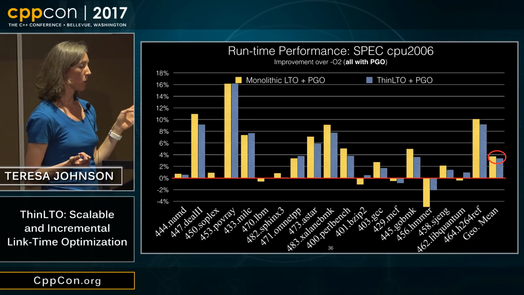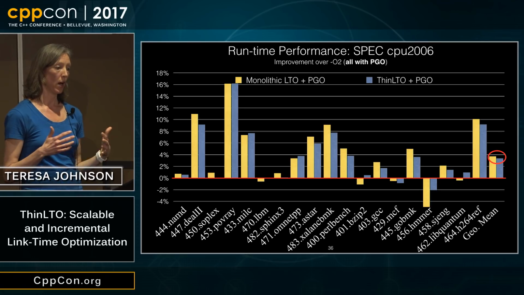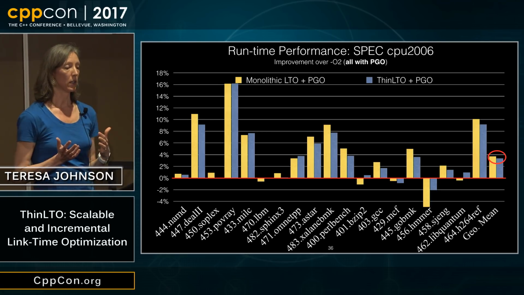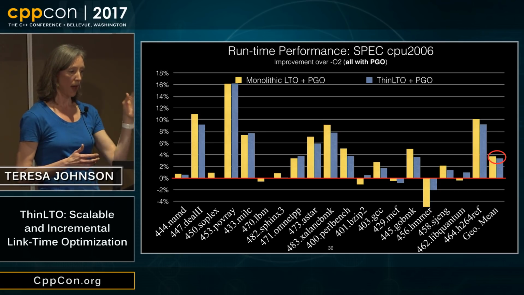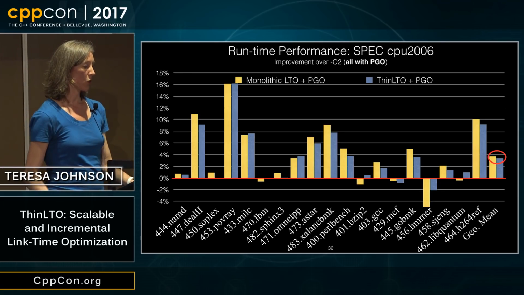There's a few cases where it's not doing as well, and that's where we know we have a few limitations right now. We don't do as aggressive whole program analysis for global variables. And so that's one of the things that we're improving. So we're missing that, and that's causing ThinLTO to be a little bit slower. But if you look at the geometric mean, it's actually extremely close.